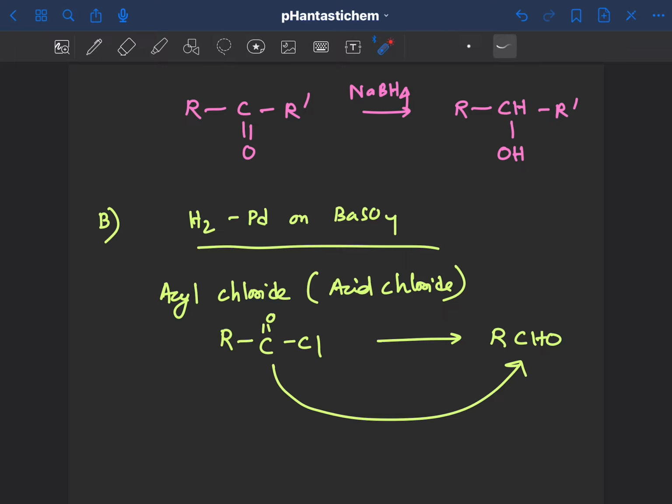We add hydrogen to this acid chloride over the catalyst palladium, which is supported over BaSO4. This is a very famous name reaction known as Rosenmund reduction. So that is the use of the second reagent.